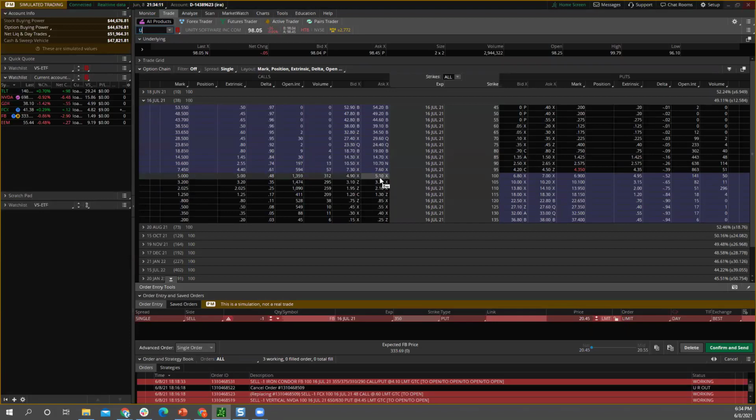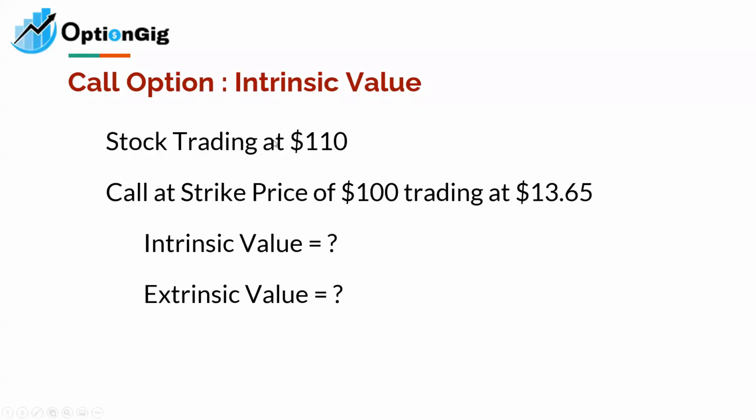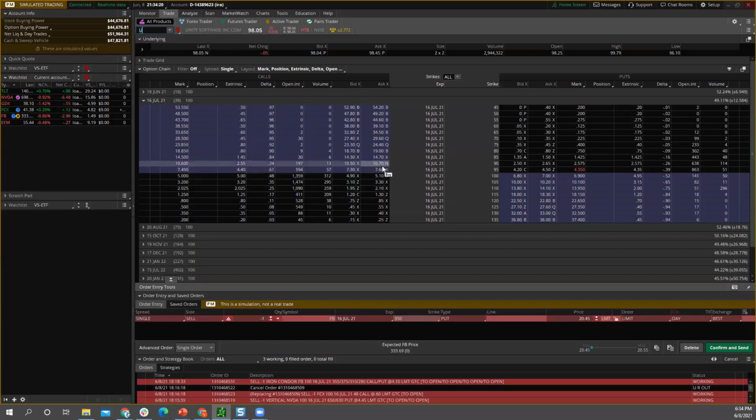And if I'm holding a call option, stock is 110, call at a strike price of 100. So the strike price should be less than where the stock price is. So if I'm holding a call option for this $90 call option, stock is at 98, I'm paying $10.70.